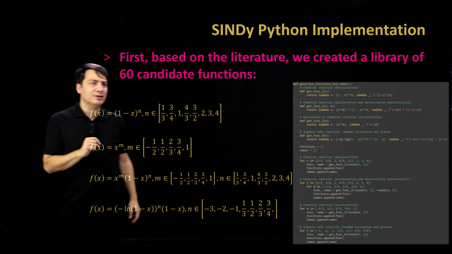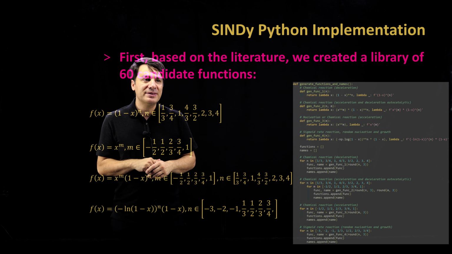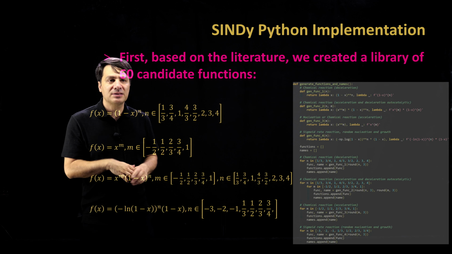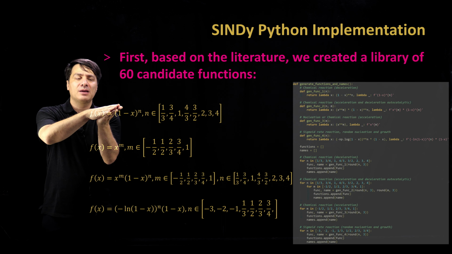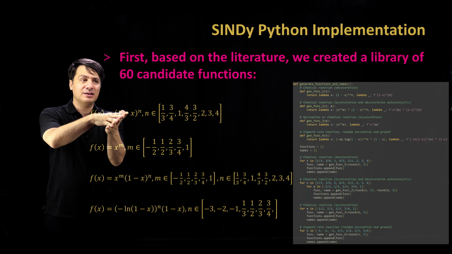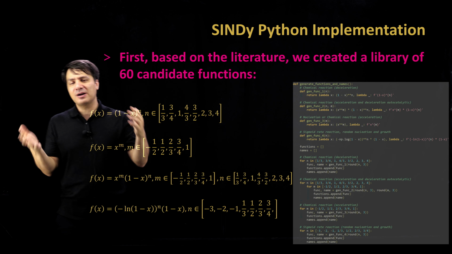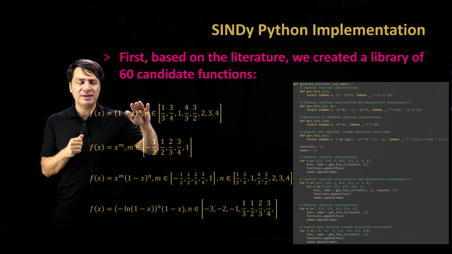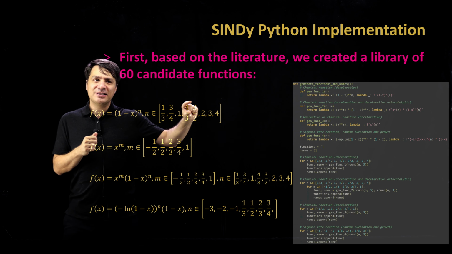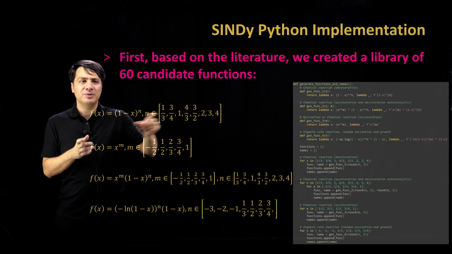The implementation. So the Python code implementation is like this. First, you create a baseline, to create a library of functions. So here we are creating, based on our understanding from the literature, functions which are either 1 minus x to the power n, where n has specific values, and these are coming from the literature.